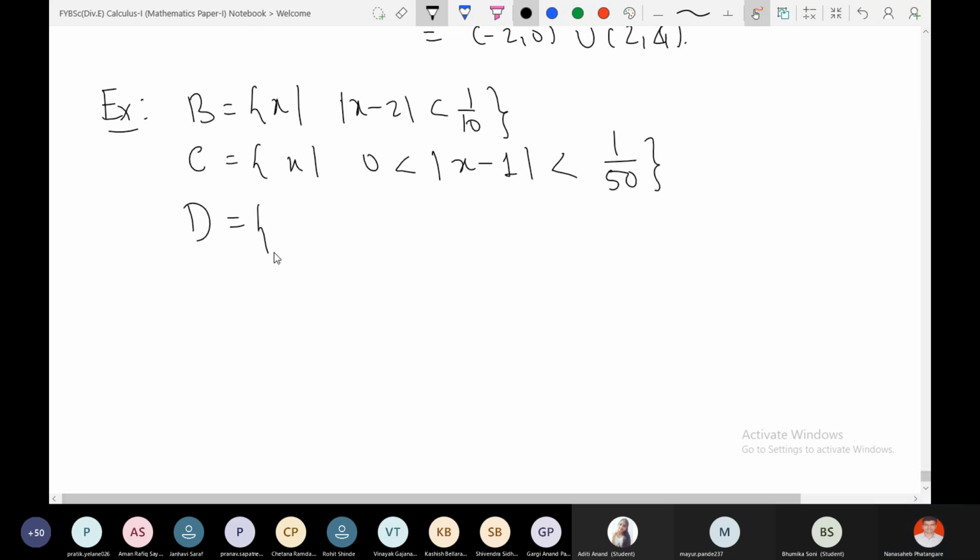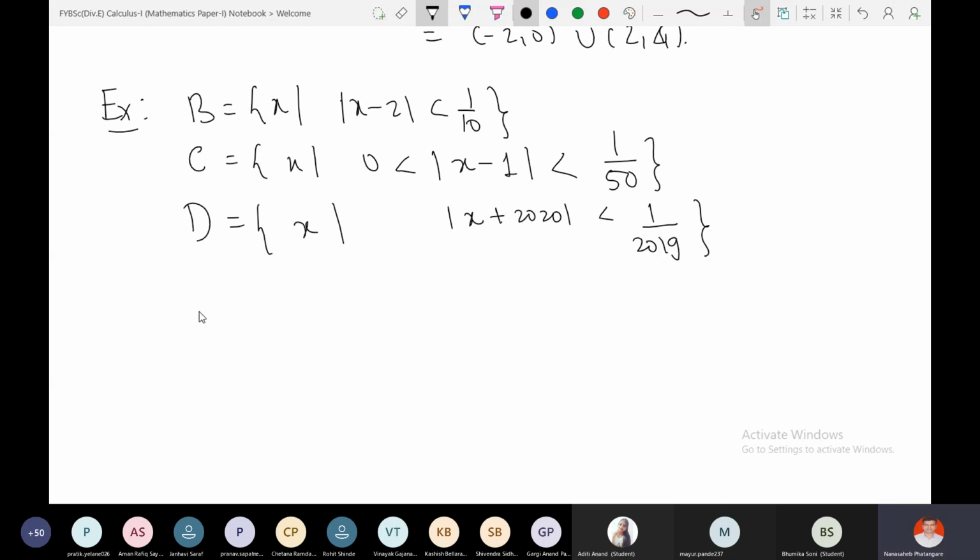D, set x such that absolute value of x plus 20 less than 1 upon, right. Then x such that 1 less than absolute value of x plus 2 less than 10.